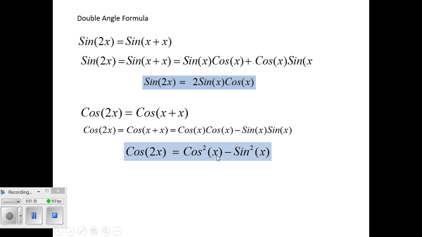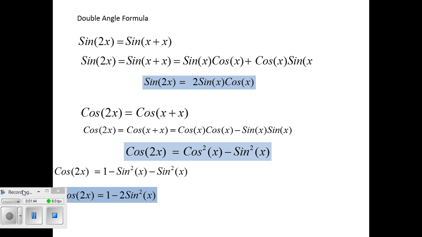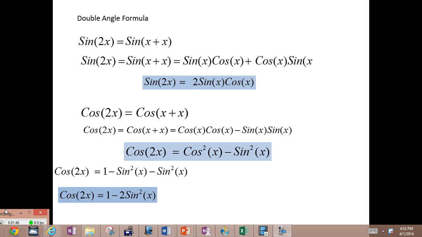Cosine squared minus sine squared is the double angle identity for the cosine. Now, because the cosine squared is actually 1 minus the sine squared, we can incorporate that and come up with an alternate form for the double angle cosine, which is, as you can see right here, cosine of 2x is 1 minus 2 sine squared x.